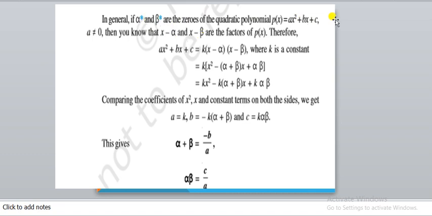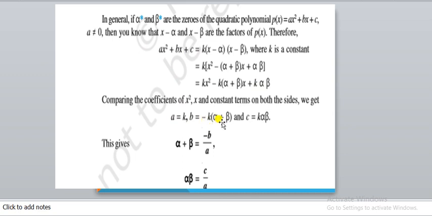Therefore this polynomial can be written as ax square plus bx plus c equals k into x minus alpha into x minus beta. On multiplying this and taking k common, and comparing both equations, we get a equals k, b equals minus k times alpha plus beta, and c equals k alpha beta.